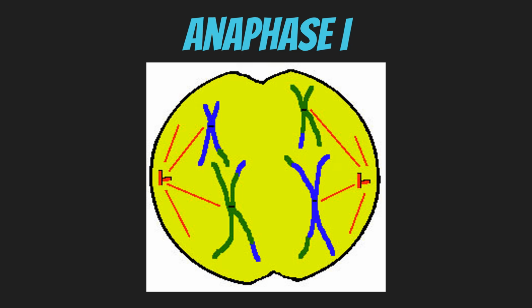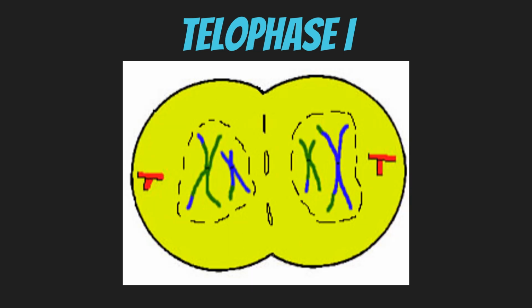In anaphase 1, the homologous chromosomes are pulled to opposite ends of the cell by spindle fibers. In telophase 1, two new cells form, each with one of each chromosome.